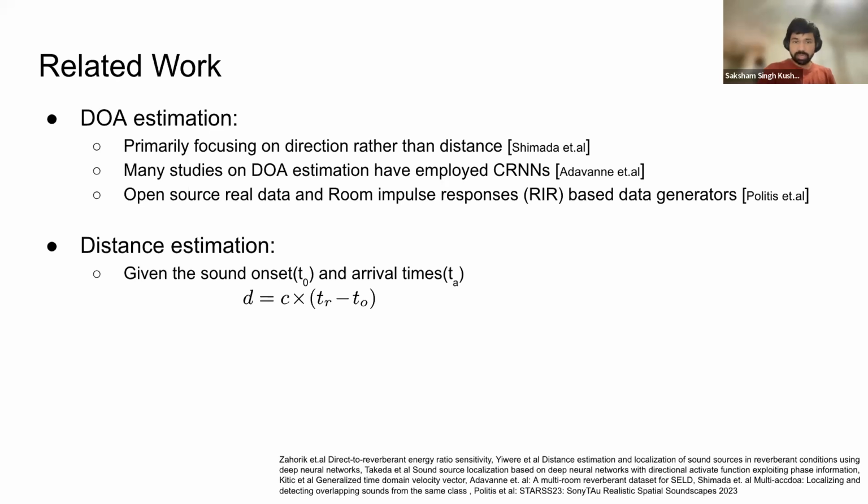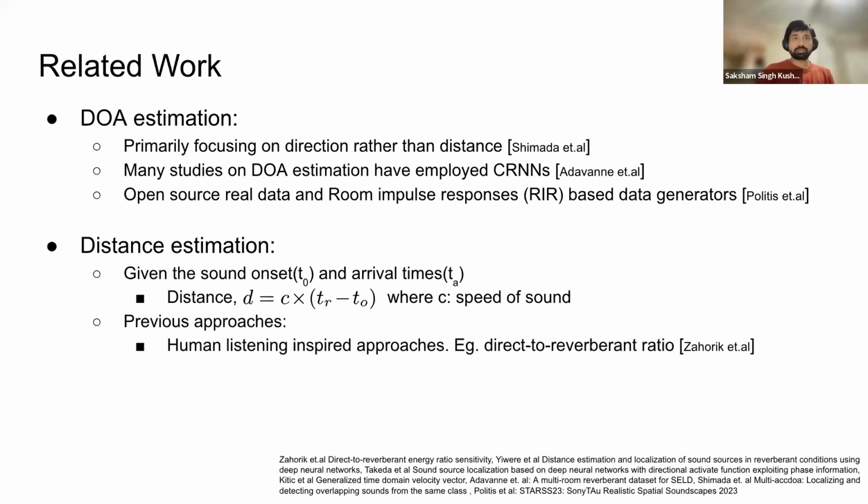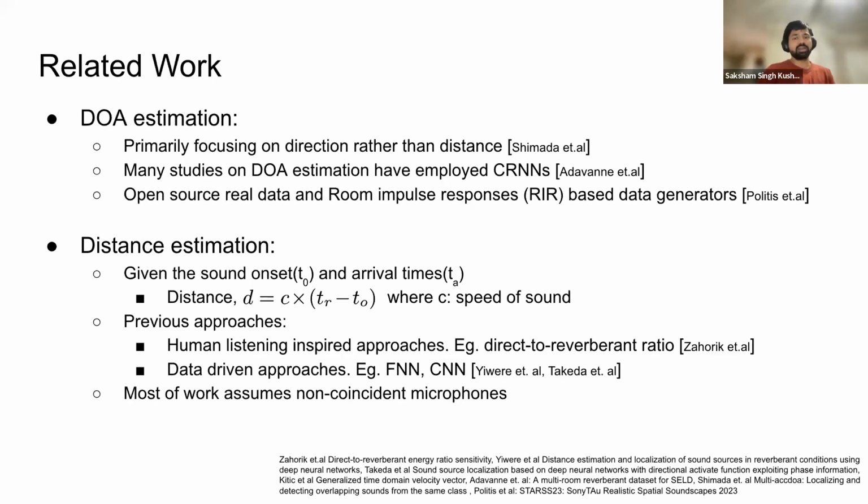If an oracle could tell us about the onset time of sound, we could easily calculate the distance using the speed times time formula, but this is not possible. And previous attempts at distance estimation have been inspired from human listening, like using the direct to reverberant ratio and data-driven approaches with simplified objective and non-coincident mics.